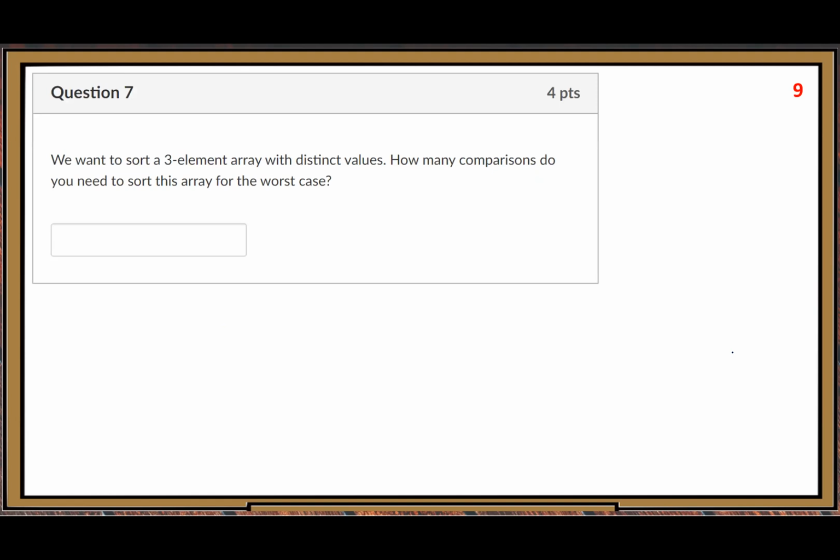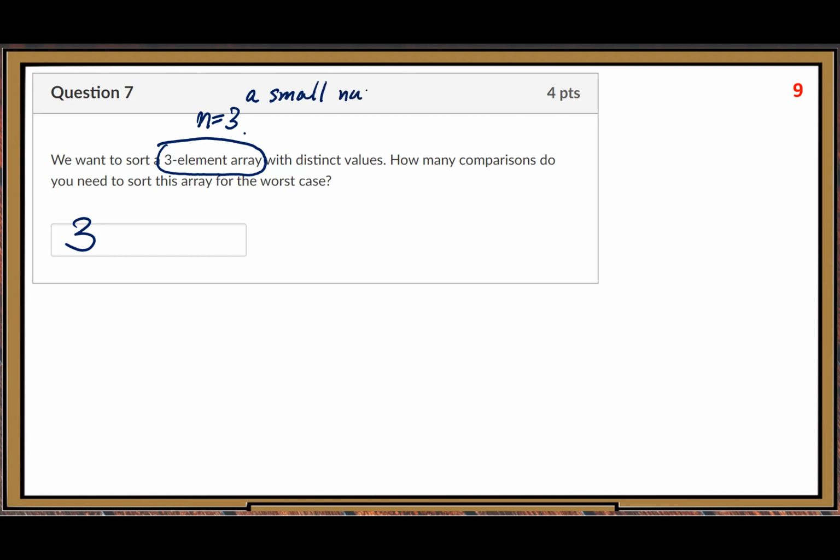Next, number 7: we want to sort a 3-element array, an array with small size, n equals 3, with distinct values. How many comparisons do you need to sort this array for the worst case? The answer is 3. But here, this problem size n equals 3 is a very small number.